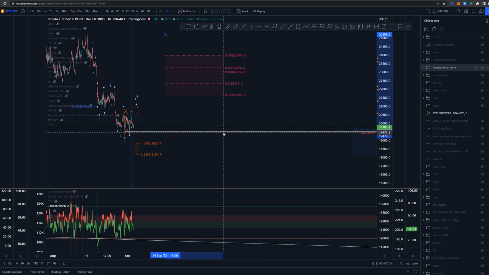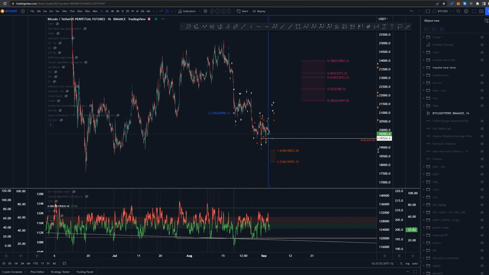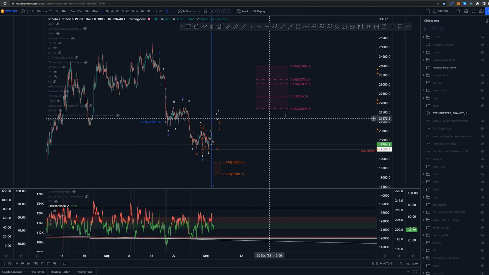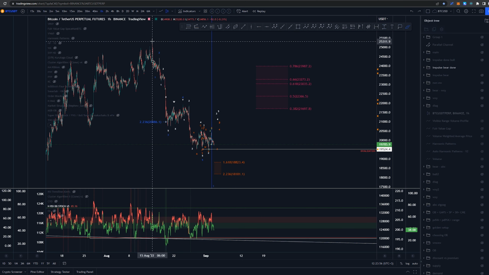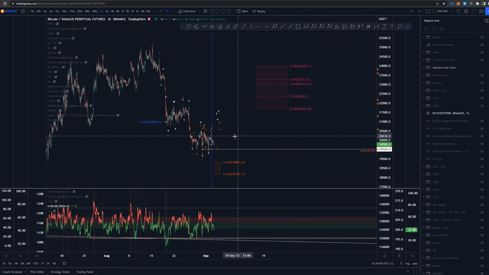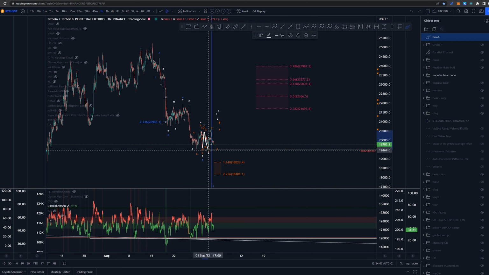Let's bring this closer. The higher time frame 38.2, which is again the minimum retracement we want to see for a continuation downwards, is all the way here at 21.7k, around there.